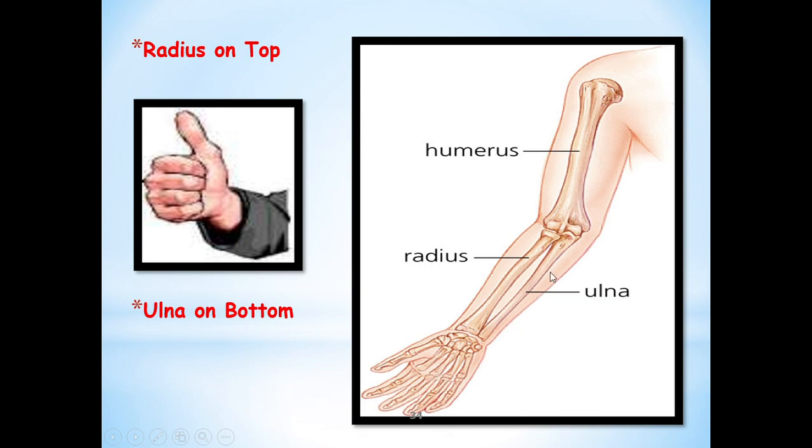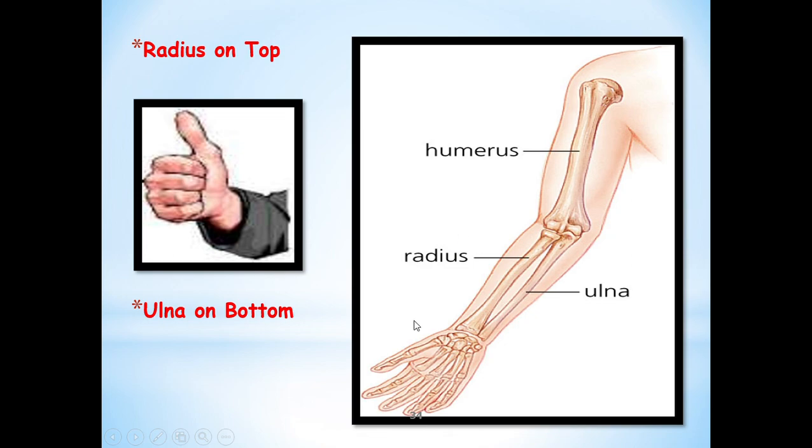Remember your anatomical position, the one that I discussed to you. So, palms forward. So, kaya ganyan yung itsura ng kamay nila dyan. The one that is on the inner part of your lower arm, it's your ulna.